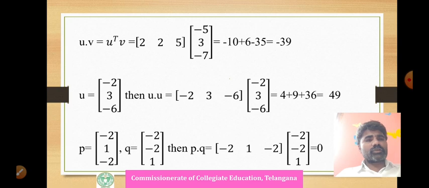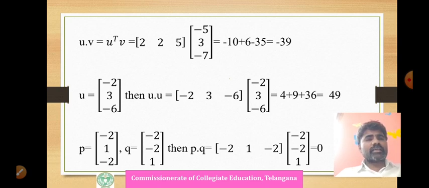u is a column vector, so u transpose is a row vector: 2, 2, 5, and v is minus 5, 3 and minus 7. Then it is a matrix multiplication. This is a 1 by 3 matrix and this is a 3 by 1 matrix. The resultant is a 1 by 1 matrix, a scalar.